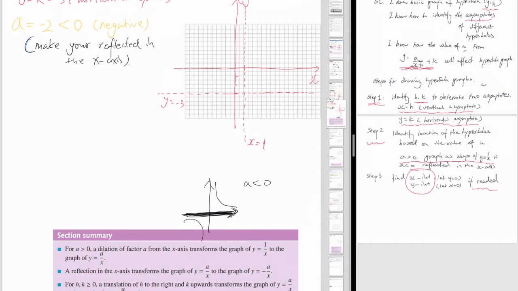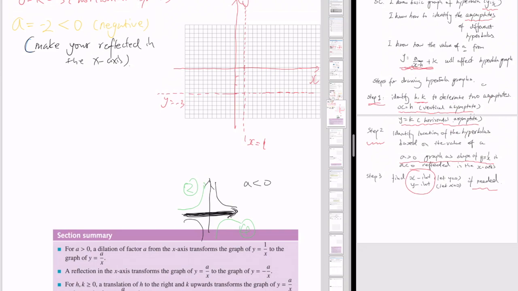Okay, so then it will become the one that I show you in green. So the graph will reflect in the x-axis, then the location of your hyperbola changes to the second and fourth quadrant.